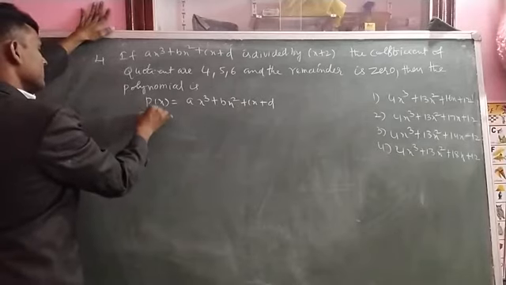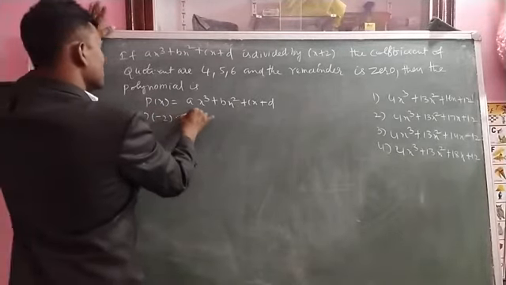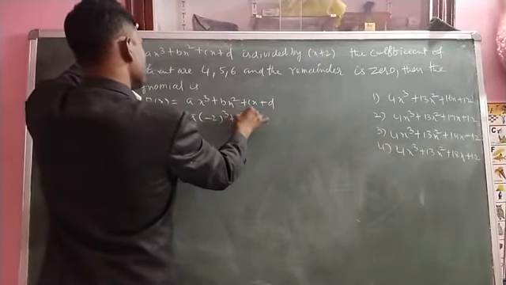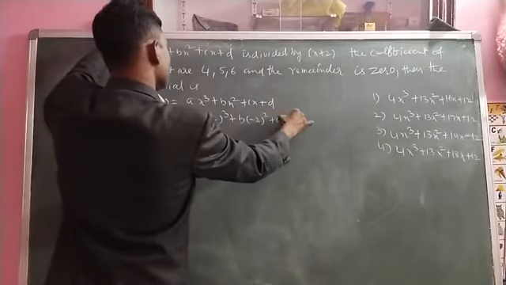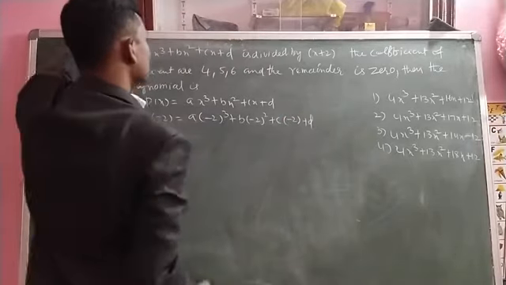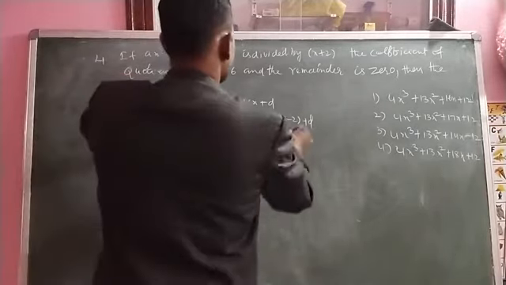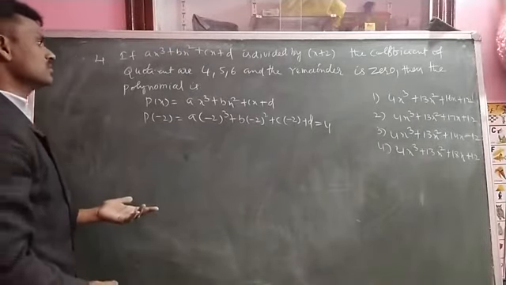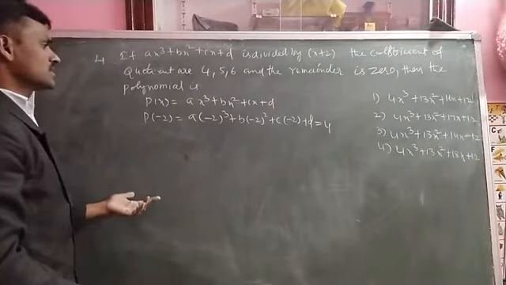Then here p of minus 2 is equal to a into minus 2 cube plus b into minus 2 square plus c into minus 2 plus d. Here the quotients are 4, first one is 4, next one is 5, next one is 6, and remainder is equal to 0.